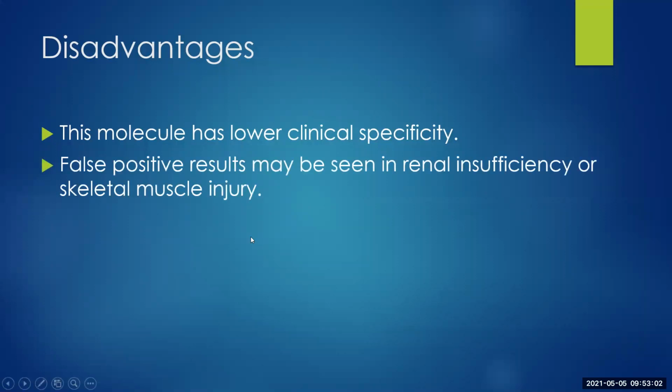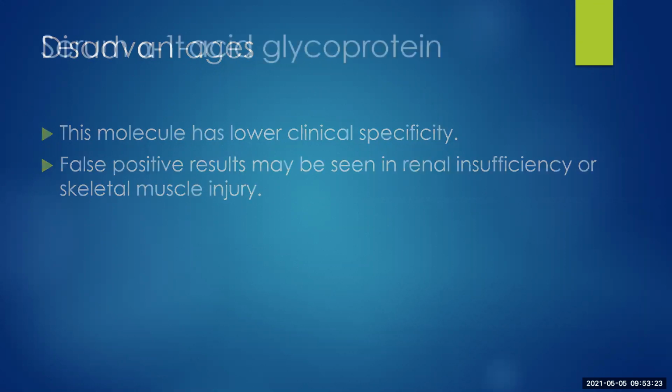We can also expect some false positive results in other conditions. If the patient is suffering from renal insufficiency or injury to skeletal muscles, it always gives us a false positive result. Not very useful by itself, but as a supplementary or supporting diagnosis, we can use it.